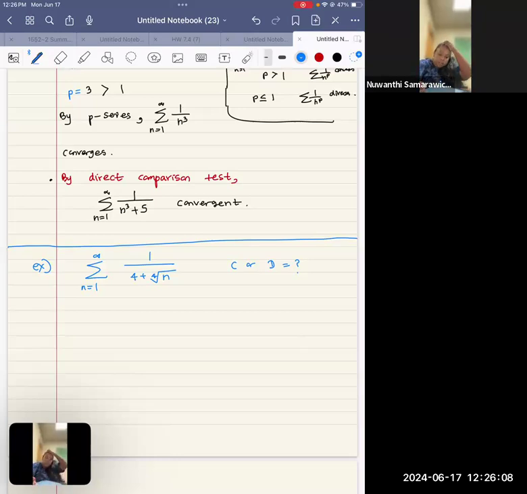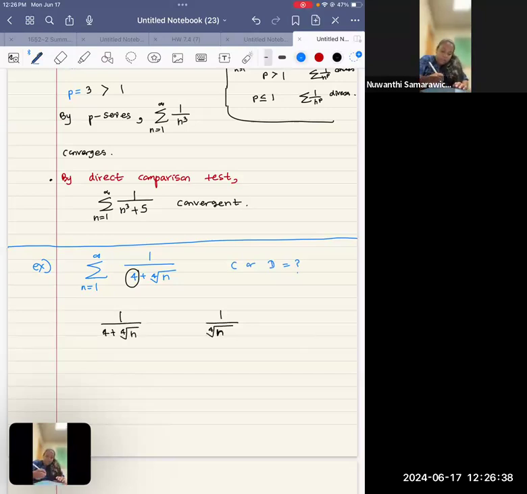Here also we are going to use the same idea as in the previous one. When n is very large, this plus 4 is insignificant. So we can get rid of that 4 and we have this series.